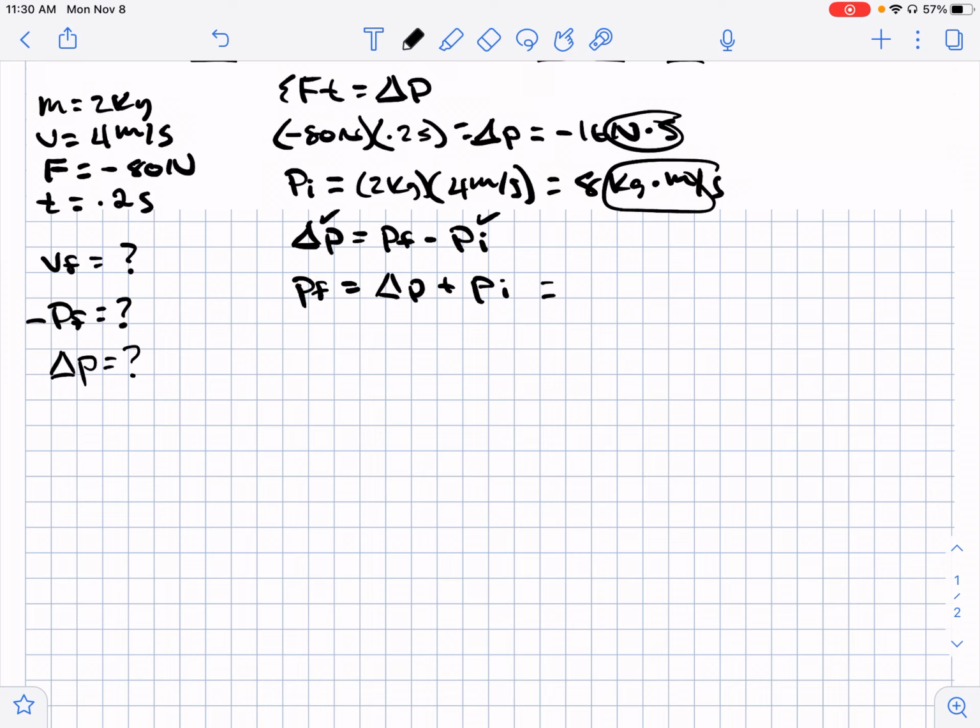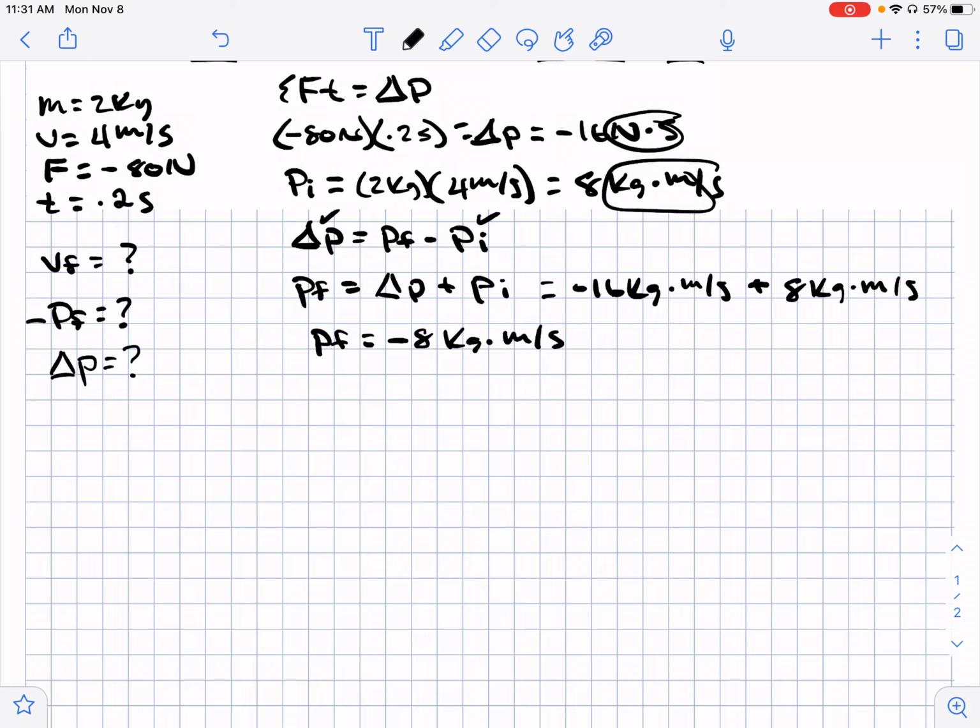It was equal to negative 16 kilograms times meters per second, plus the initial momentum, which was 8 kilograms times meters per second. So your final momentum is equal to negative 8 kilograms times meters per second.